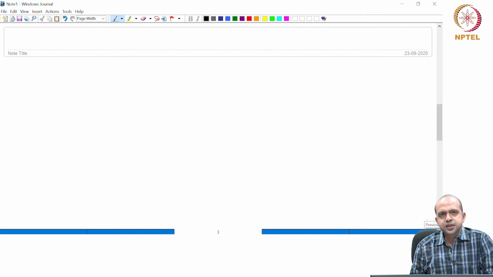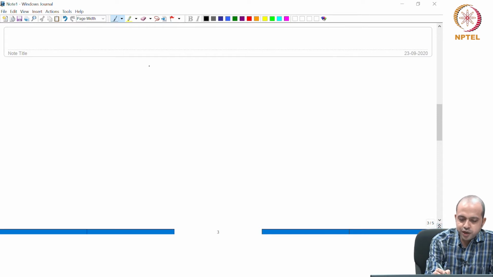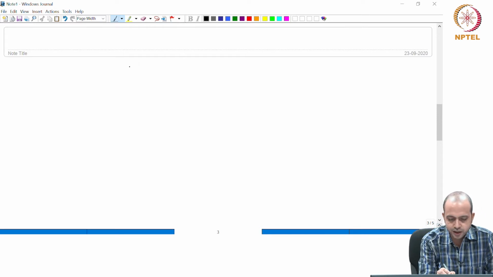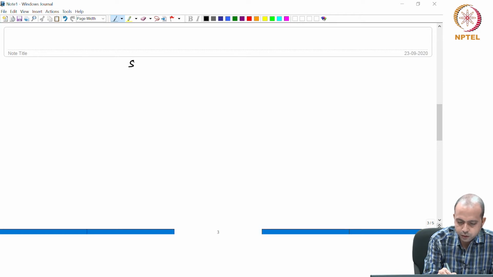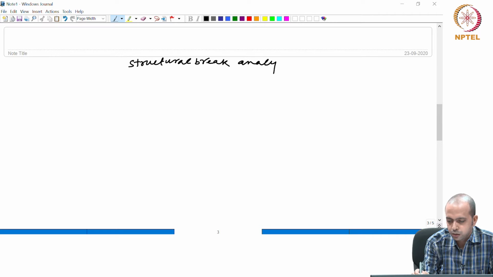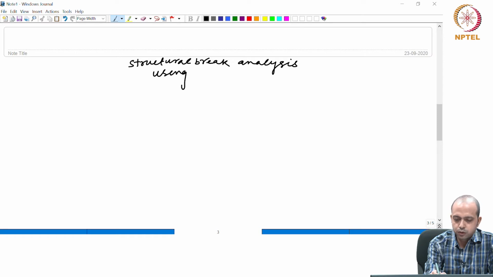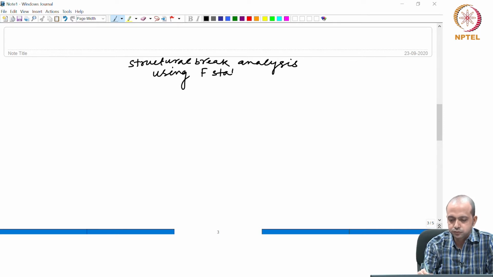And this particular test is called testing for structural break in time series data. So, what I will write: structural break analysis using F-statistic.